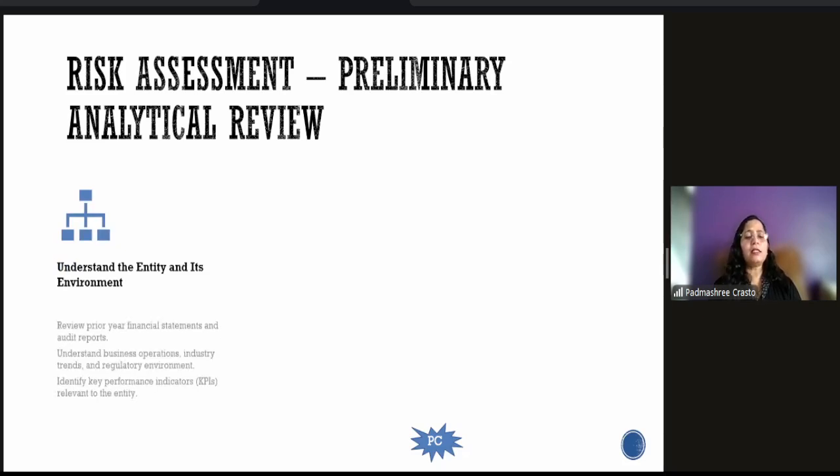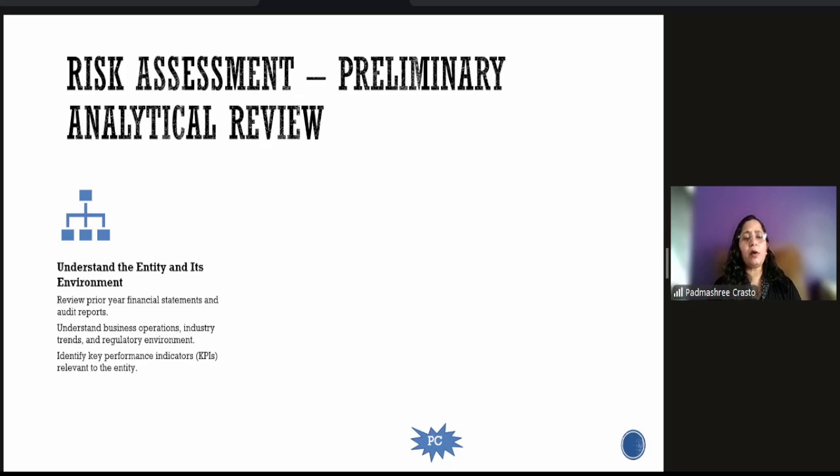We are understanding the entity and its environment. We pick up the last year financial statements. We understand the business operations, industry trends, regulatory environment. Industry trends and regulatory environment, all this is data analytics again. We also identify the KPIs that are relevant to the entity, so that we can understand more and more.